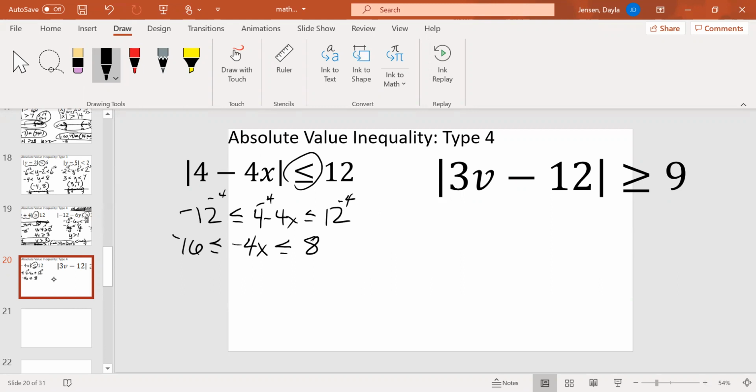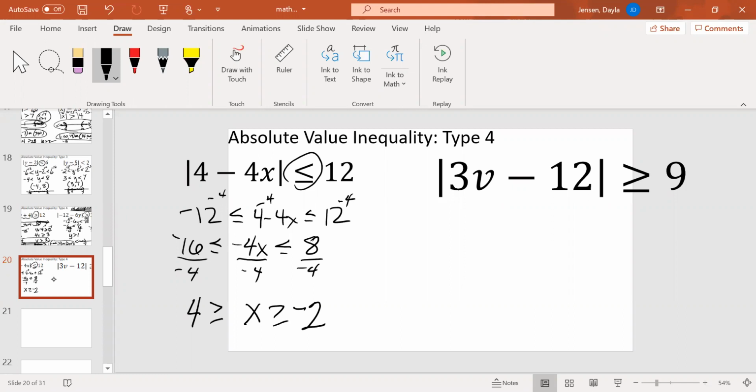Now I need to divide all 3 sides by negative 4. So this is going to give me positive 4, this is going to give me x, and this is going to give me negative 2. But remember, when you divide or multiply an inequality by a negative, you have to reverse the sign.